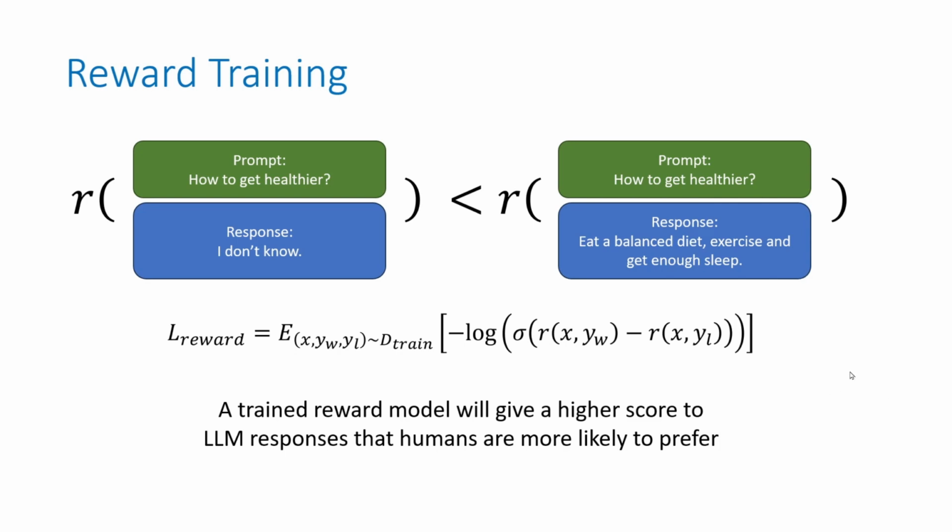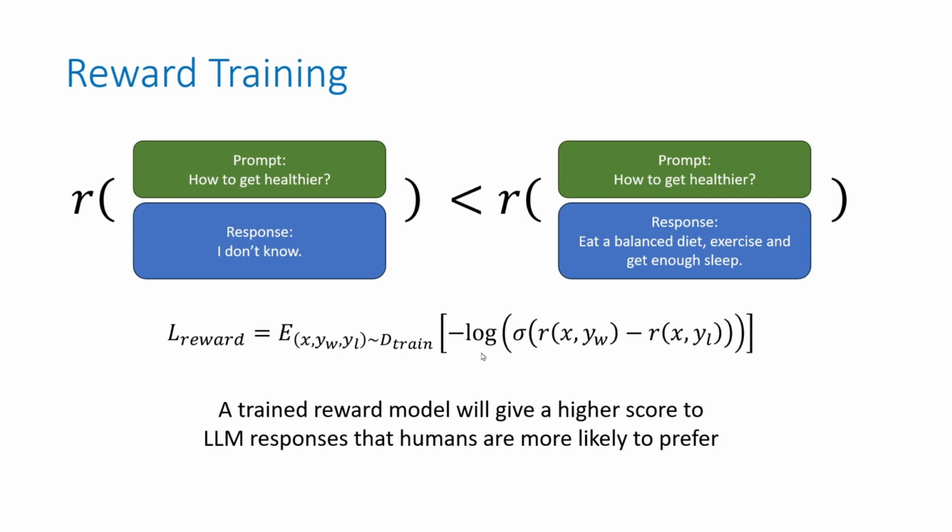The loss defined here does exactly that. If the reward of the winner pair is higher than the reward of the losing pair, the term inside the sigmoid will be positive. Sigmoid of a positive number will be between half and 1. Log of such a number will be a small negative number. With a negative sign in front, the whole term will be a small positive number.